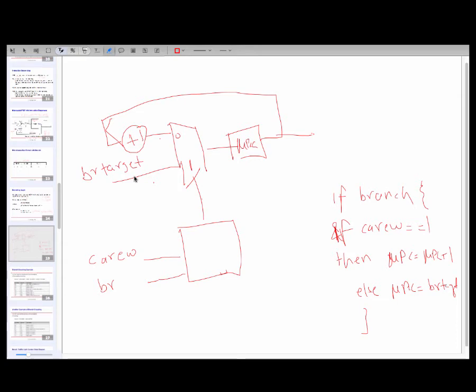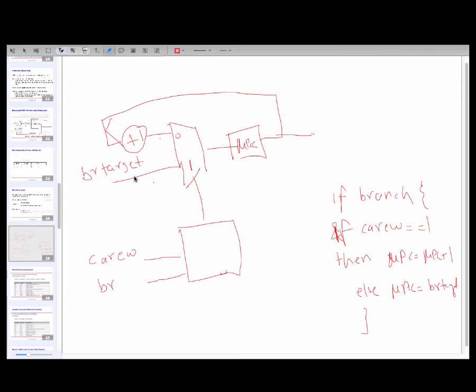NAND. Okay, so if I do a NAND, firstly I want it to be enabled if it is branch, so that is true. And then if car east west is also high, then it is going to select 0, and that will take us plus 1. So NAND would work.